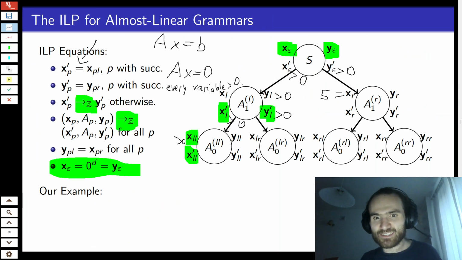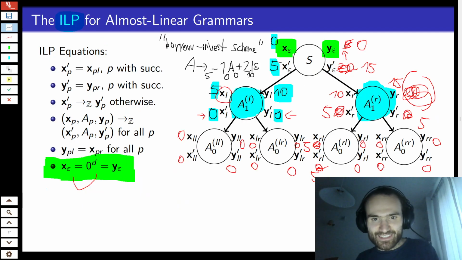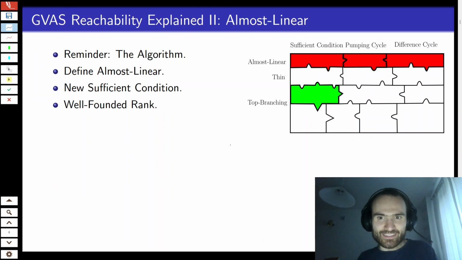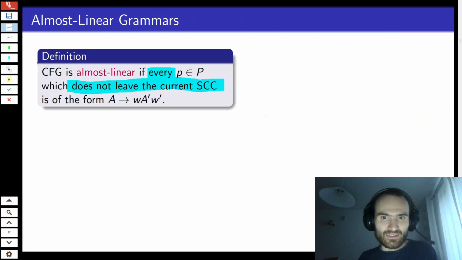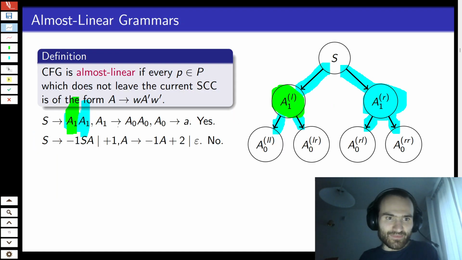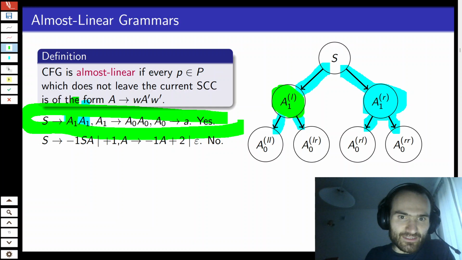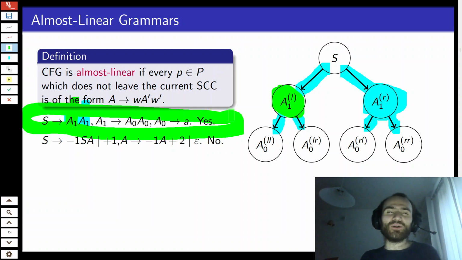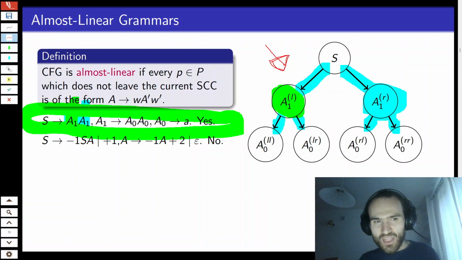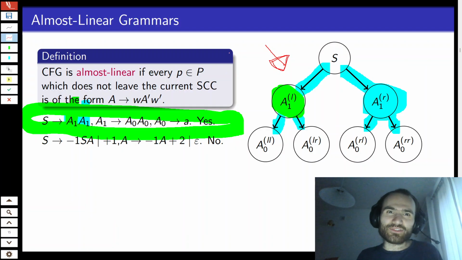Okay, why would it be NEXP? For this, let's go back to the very start of this presentation. So here, if you think about this grammar, it is very small, but we unfold it into this very large tree that's exponentially larger. So if you store your grammar in this way, then the ILP has exponential size.